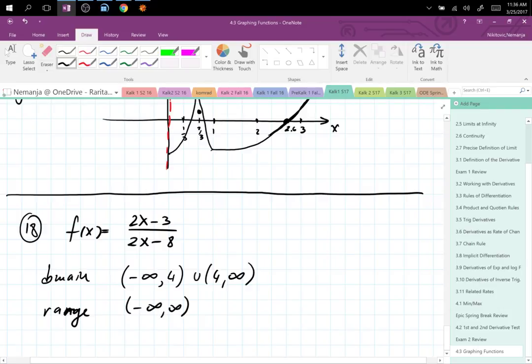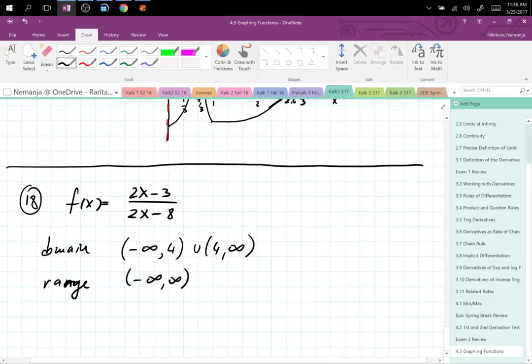The vertical asymptote is going to follow it. X-intercept right away, which is y equals 0. So that's just 2x minus 3 equal to 0, which is x equals 3/2. So we have the x-intercept at (3/2, 0).